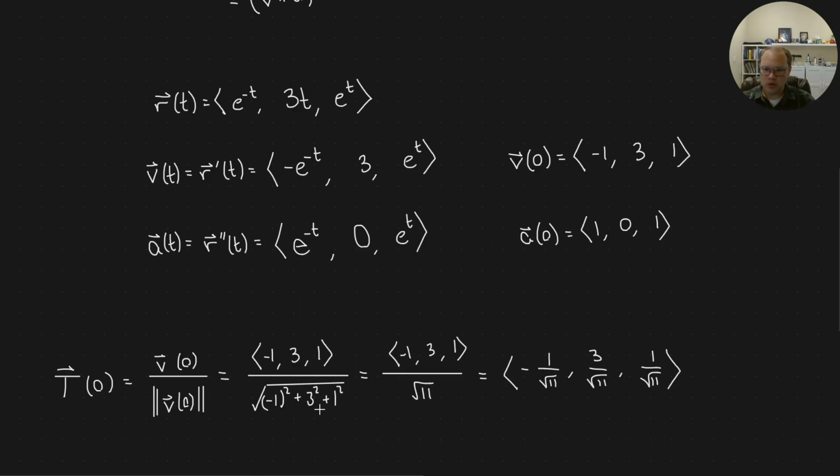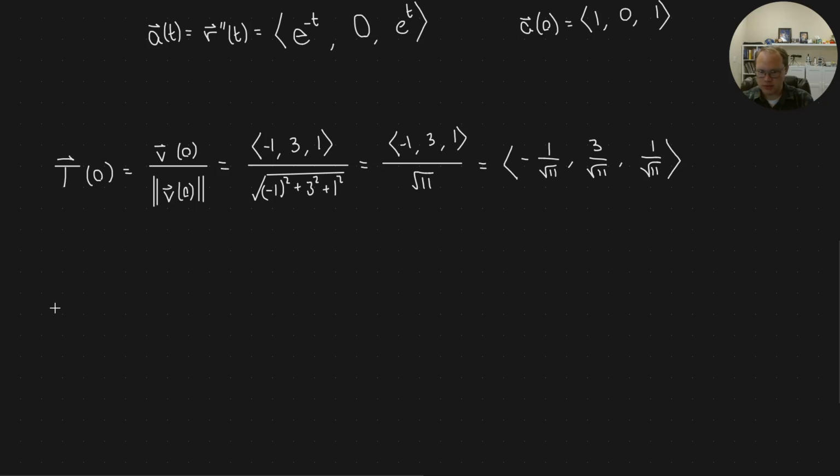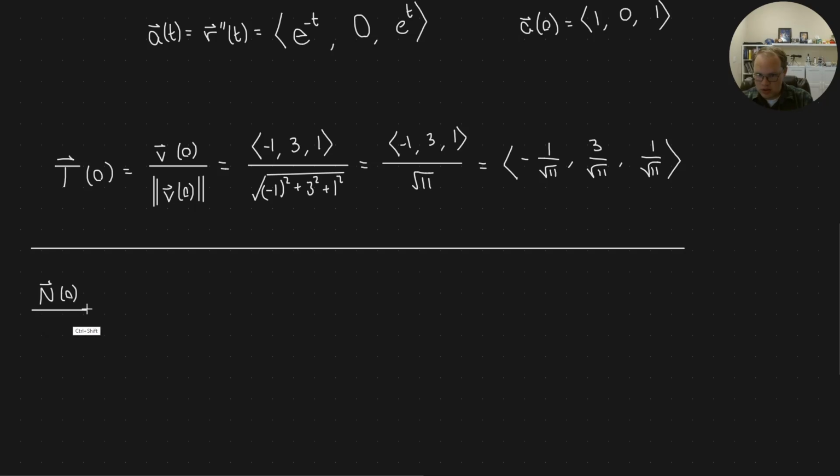Okay, the normal component of acceleration at 0, well, we need V of 0 cross A of 0 cross V of 0.